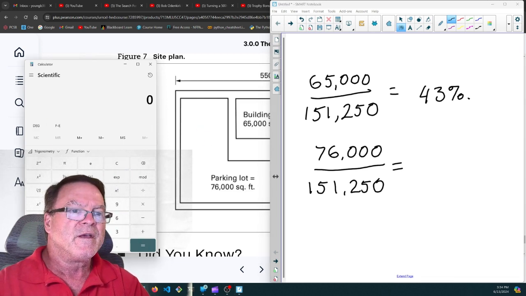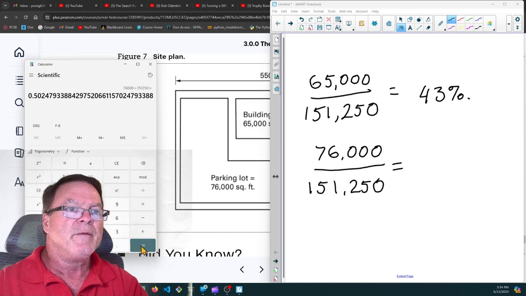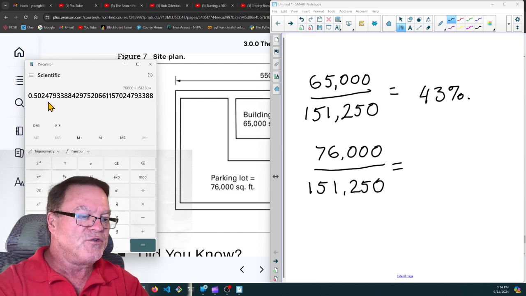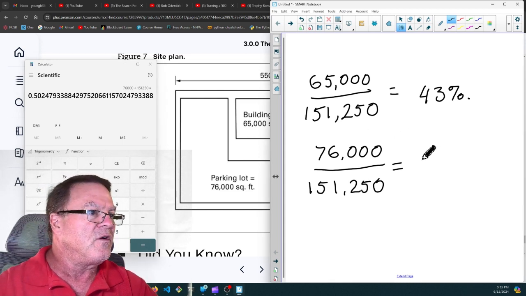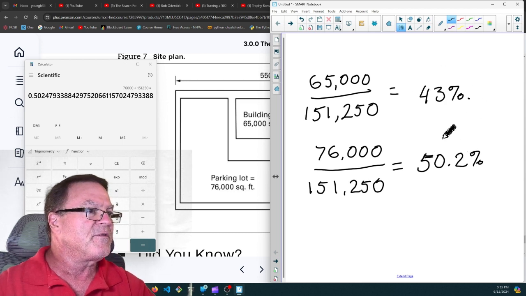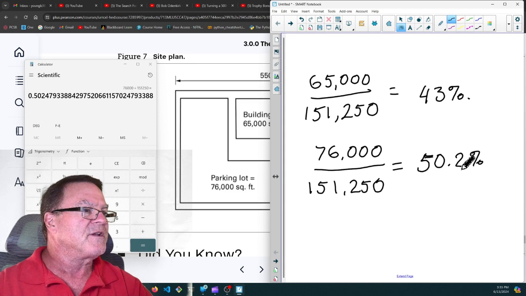So 76,000 divided by 151,250 is 50.24. So I'm going to round to the nearest tenth and call it 50.2%. That's the parking lot. So the building is 43%. The parking lot is 50.2%.